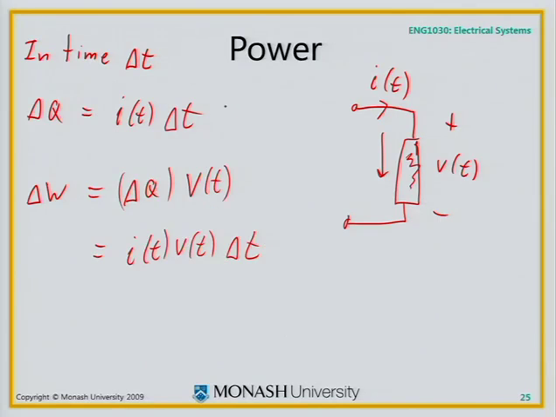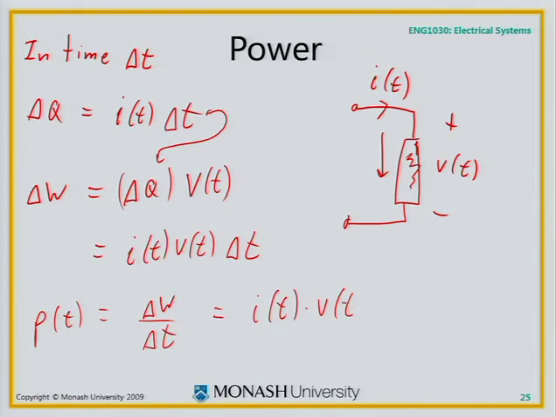Just by subbing this into there, that's the energy. But what's power? The rate of doing work, delta W divided by delta t. So I lose the delta t there, and it's I(t) times V(t).